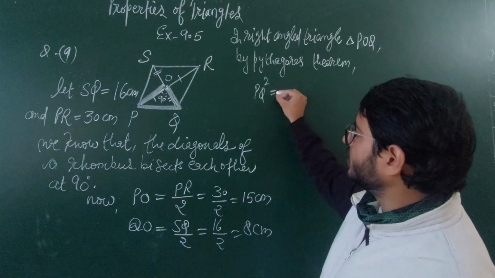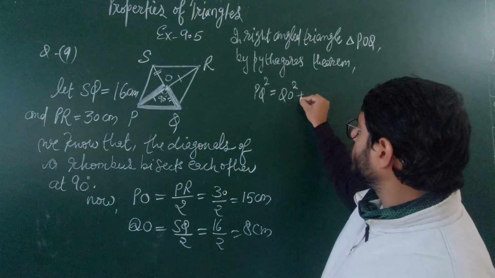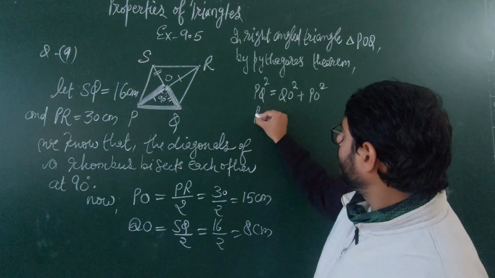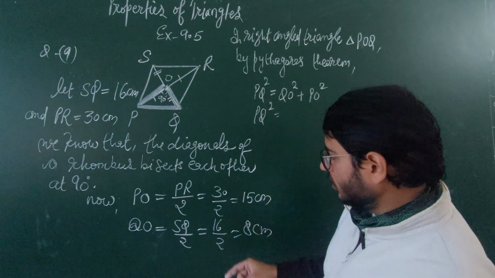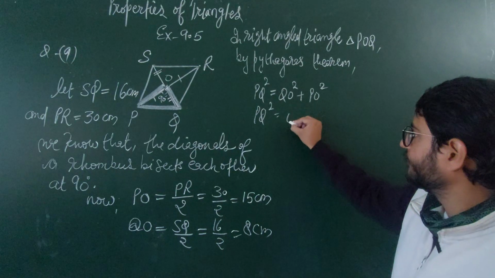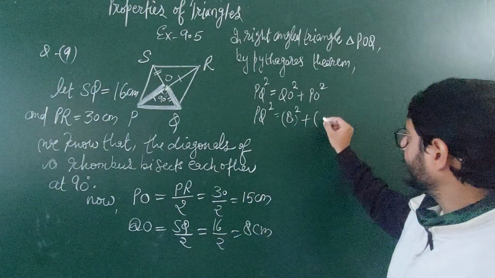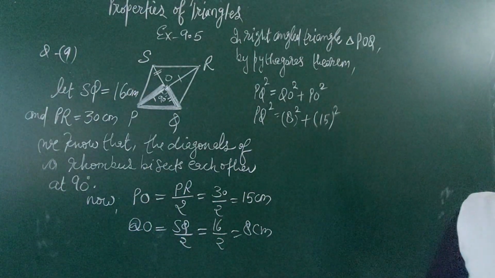PQ square will be equal to QO square plus PO square. PQ square will be equal to QO 8, 8 square, plus PO 15, 15 square.